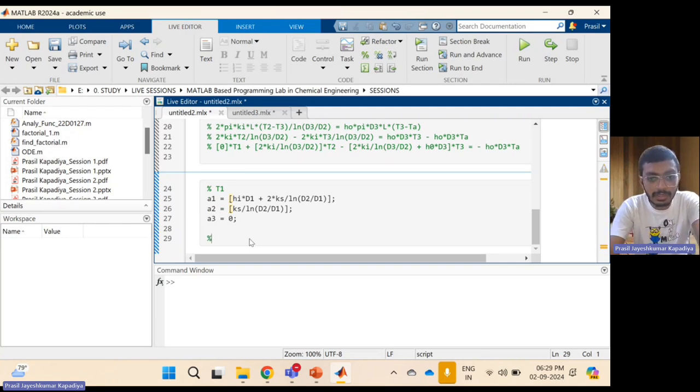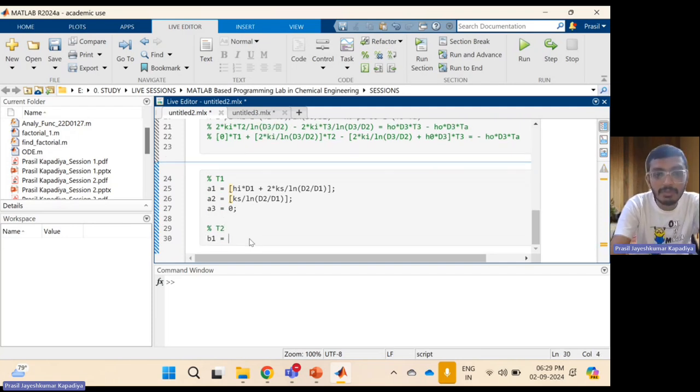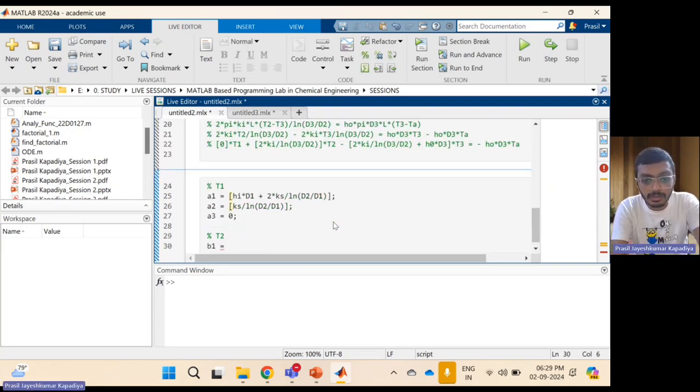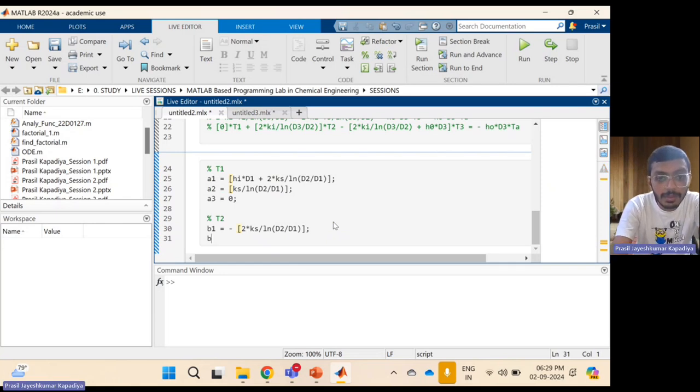Now let's write down T2. And I'm calling it as B1. B1 is equal to minus this term. Correct? So this is my B1, my B2.